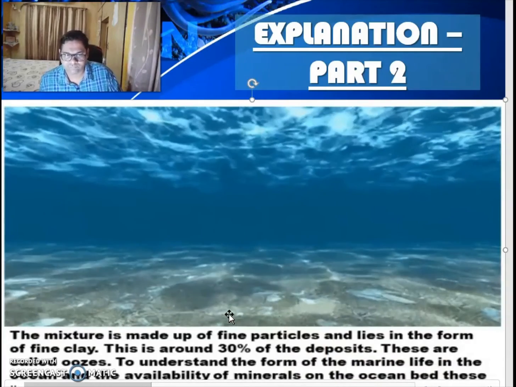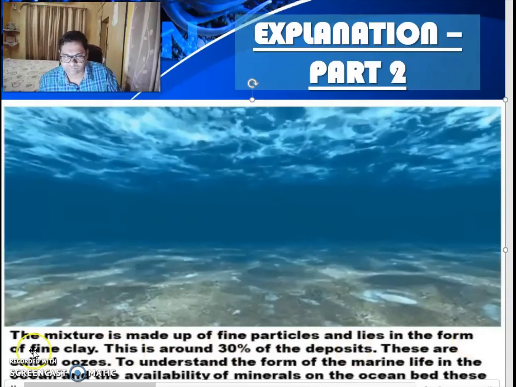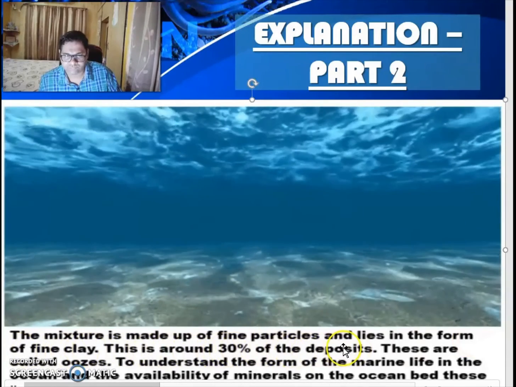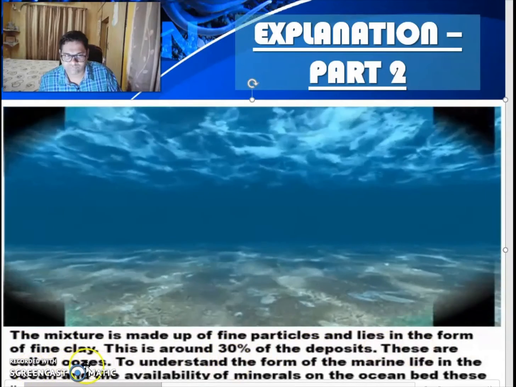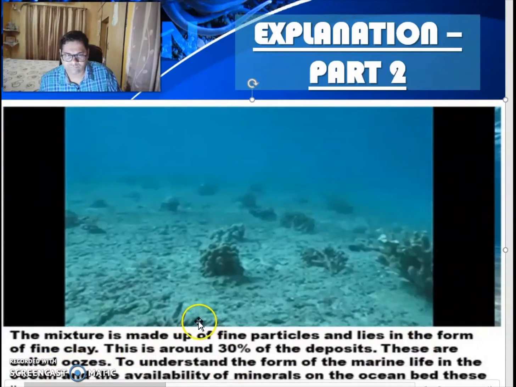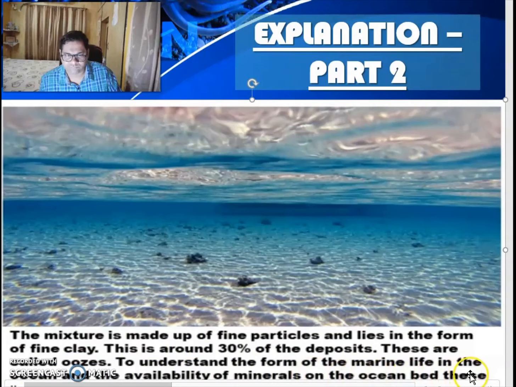The mixture is made up of fine particles and lies in the form of fine clay. This is around 30% of the deposits. These are called oozes. To understand the form of the marine life in the ocean and the availability of the minerals on the ocean bed, these deposits are very important.